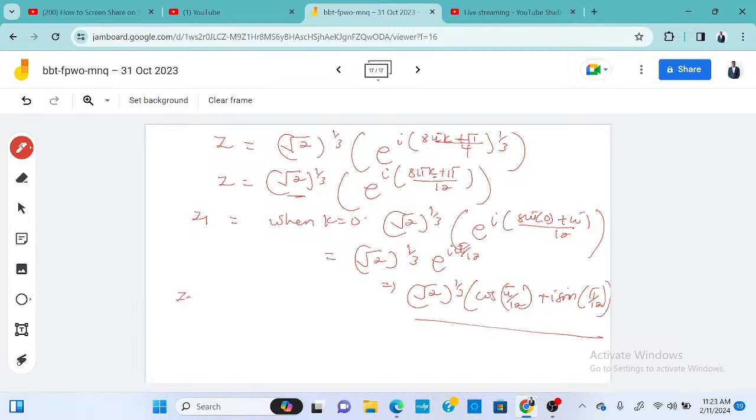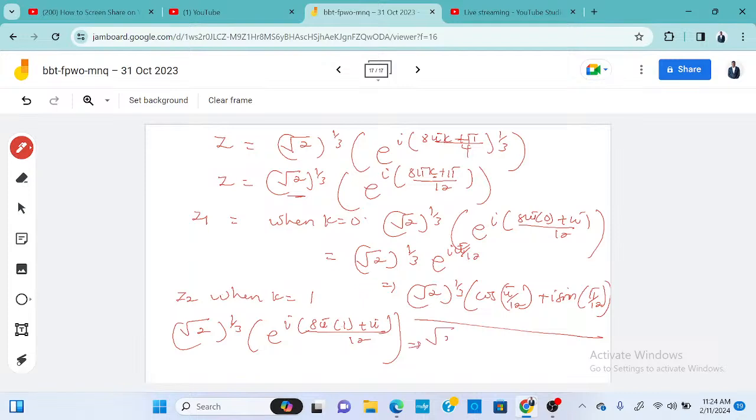My second root Z2 is when k is equal to 1. I just get my square root of 2 all to the power 1 out of 3, e to the power i multiplying 8 pi, k is now 1, plus pi, everything on 12. 8 pi plus pi is 9 pi, all on 12.